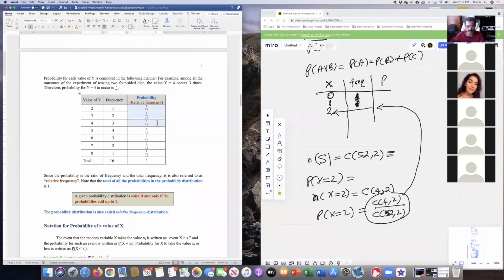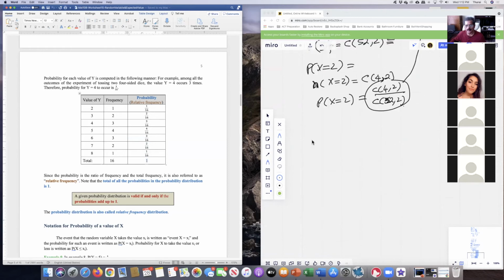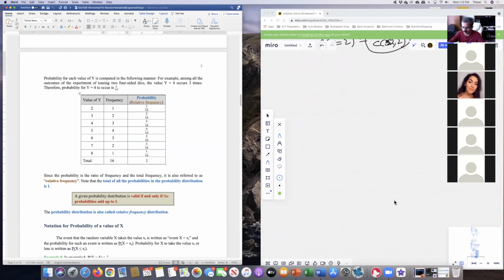This is the probability for y less than or equal to 4, the sum of those. Probability for y greater than 4 is the sum of these. And both of those should add up to 1 because the total is 1. So that's always true for any kind of event. Y less than or equal to 4 and y greater than 4 are complementary.